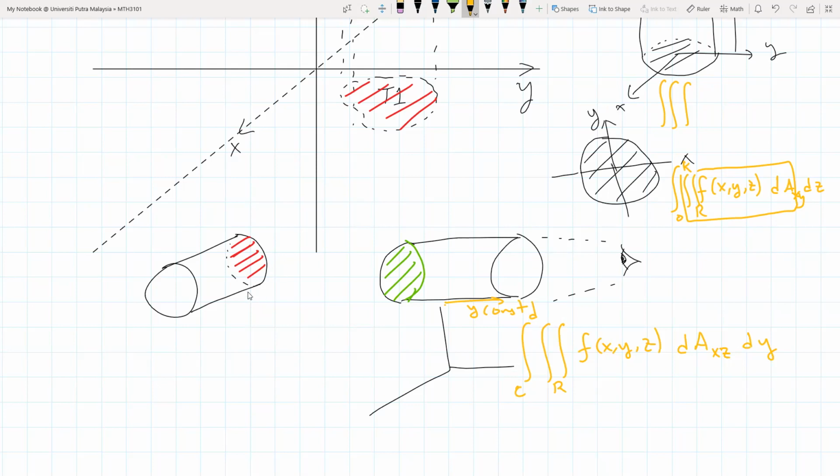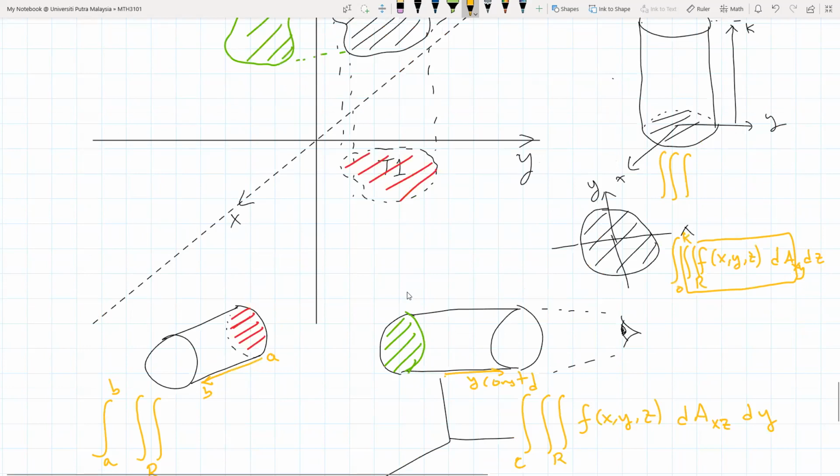Okay, and then how about this one? This one is also the same thing. The only thing is now x goes from a to b. So I can evaluate from a to b for region R on the xz plane.